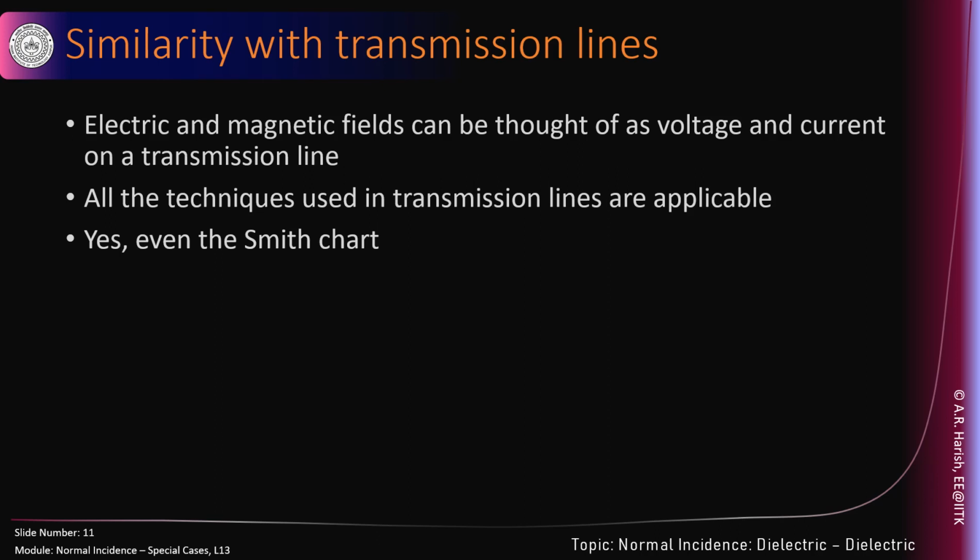Yes, even the Smith chart. We can use the Smith chart to solve problems, a very handy and powerful tool. Probably in the assignment, I'll give you 1 or 2 examples where I'll motivate you to use the Smith chart, and you'll realize that all those principles can be used to solve electromagnetic wave problems when you are considering a plane wave incident normally onto an interface.